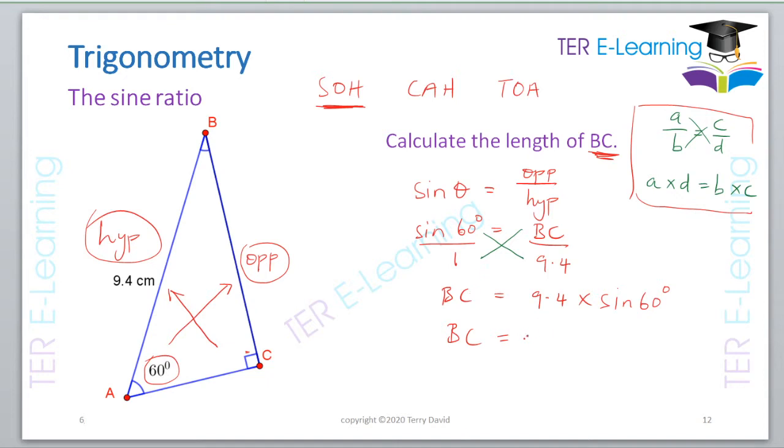Yeah, so the answer is actually 8.14. Alright, so 8.14 is the answer. That is the length BC. So cross multiplication, you need to know how to do that.